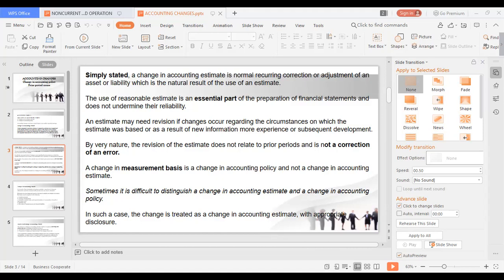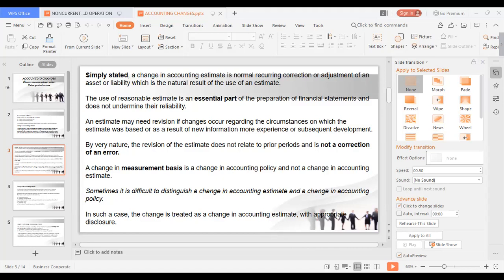700,000. Now, if you have the original cost of 3 million and we divided 3 million by 6 years, so the annual depreciation based on the original estimated life, 3 million divided by 6 years is 500,000 a year.